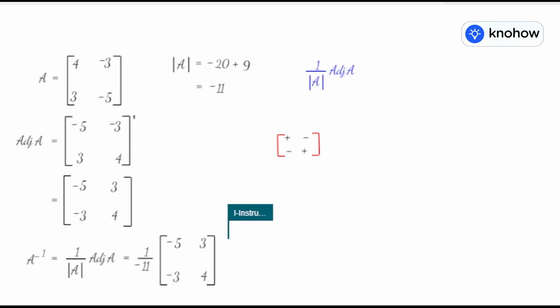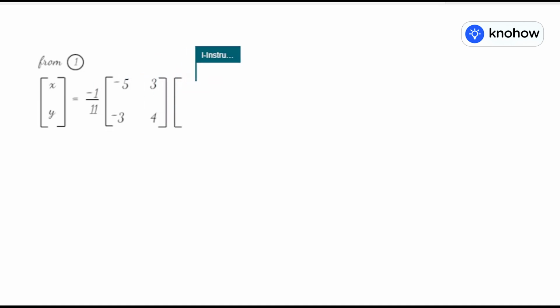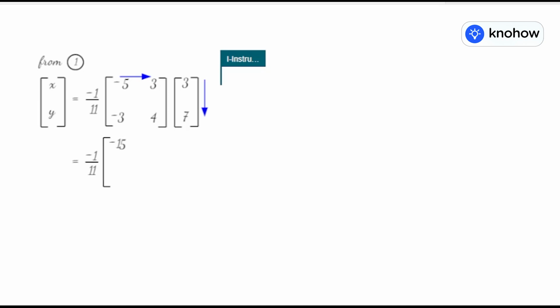So from 1, the required variable matrix is A inverse, that is minus 1 by 11 into minus 5, 3 and minus 3, 4, multiplied by the constant matrix 3, 7. Keeping minus 1 by 11 outside for a moment, multiply the two matrices row to column. So it will be minus 15 plus 21.